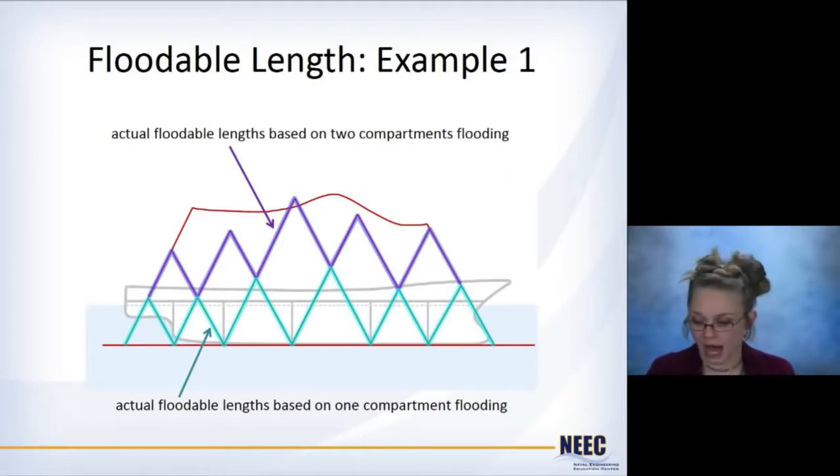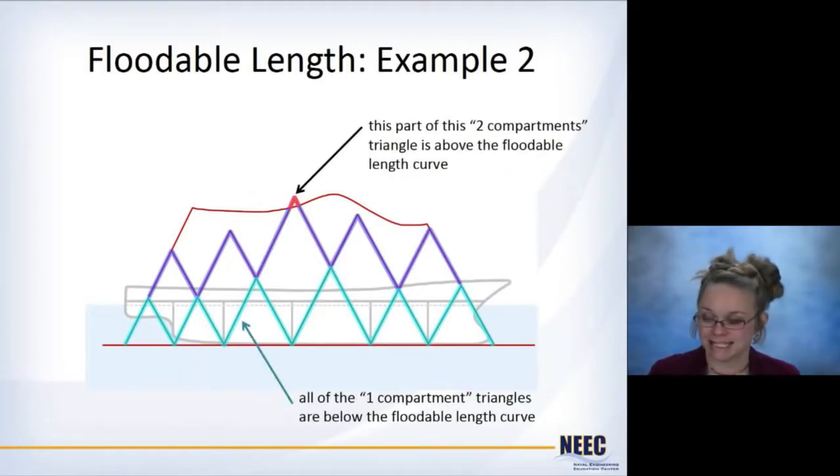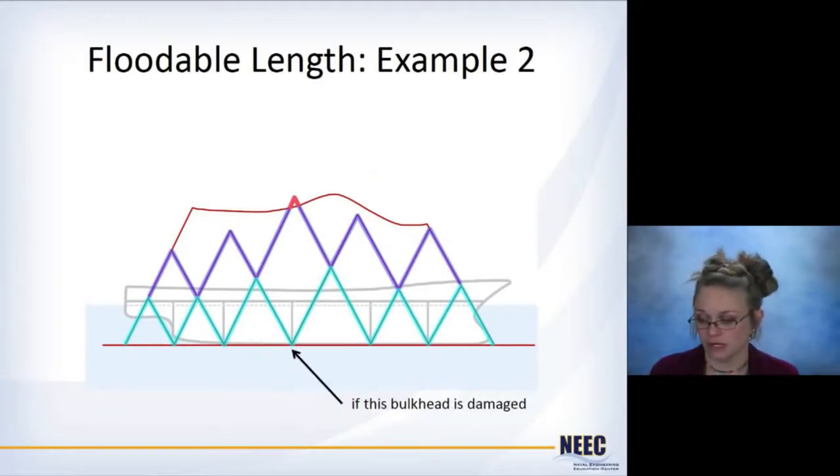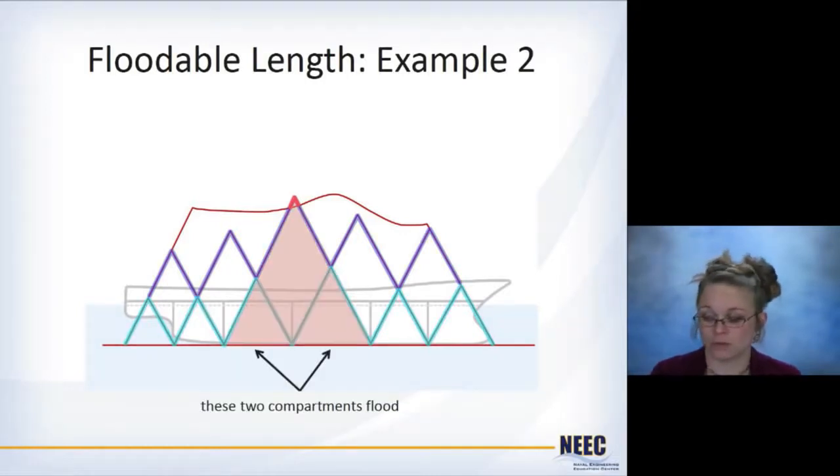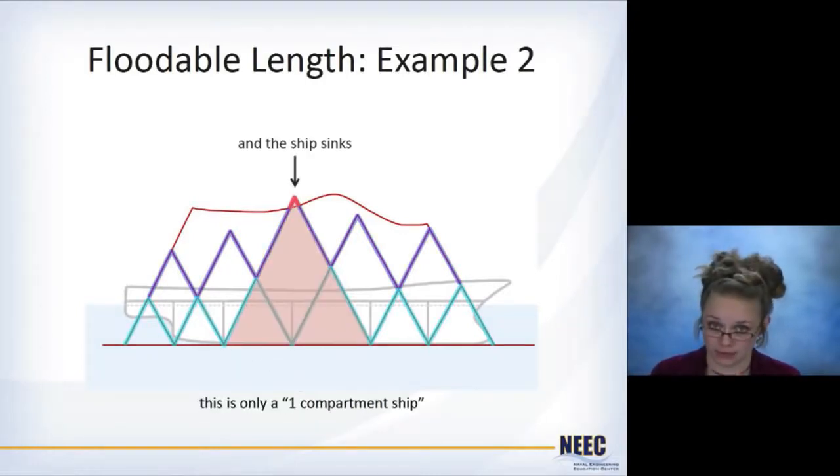We do the same thing, highlight the lines for the actual floodable lengths for the one compartment flooding and for the two compartment flooding, and we see this part of the two compartment triangles is above the floodable length curve. The one compartment triangle is all underneath this, so that's okay, but that little part is above the allowable floodable length curve. So what it means is that if this bulkhead is damaged, these two compartments are going to flood and the ship is going to sink. So this is only a one-compartment ship.